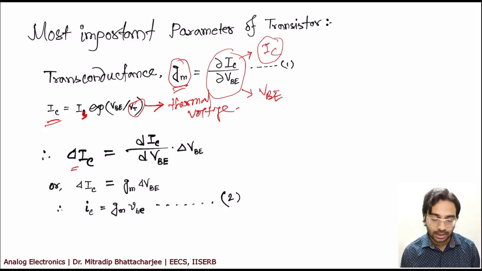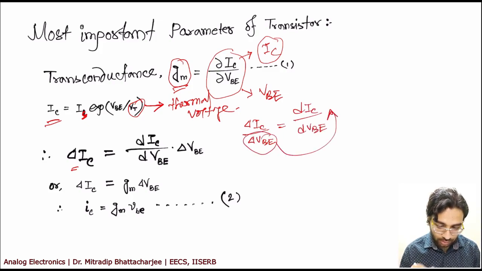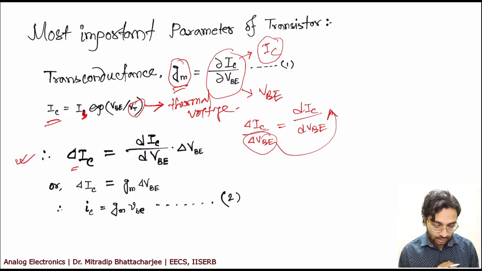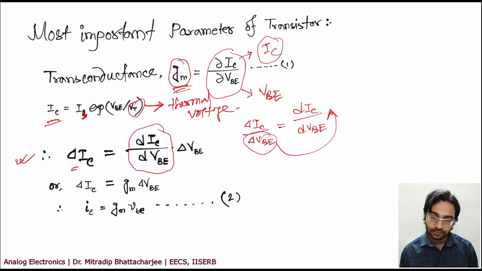This is how we write the partial equations, right? Del IC by del VBE can be written as dIC by dVBE. Now take this one over there, so you'll get this equation. In this equation, this part is what we have called GM, right? So del IC is equal to GM into del VBE.